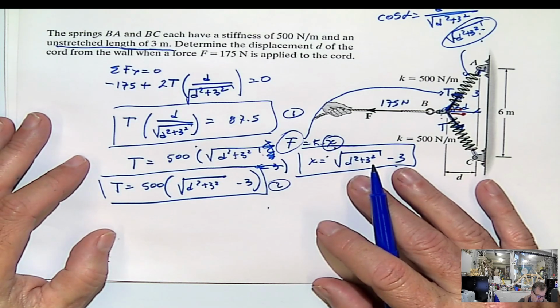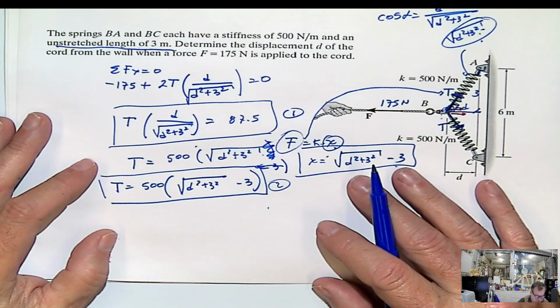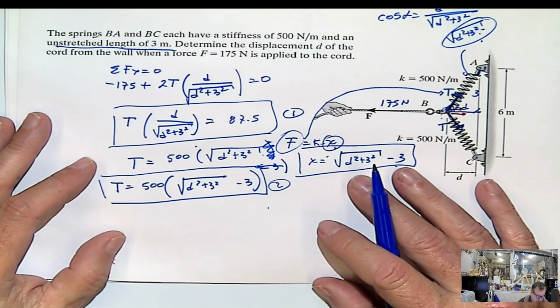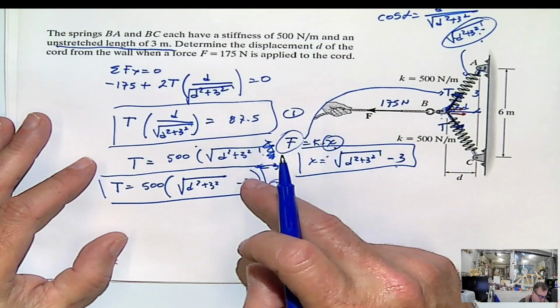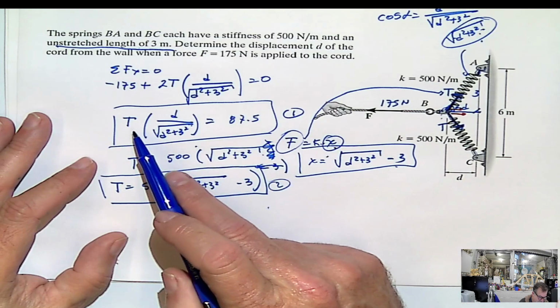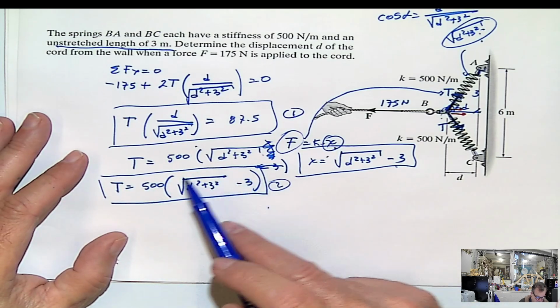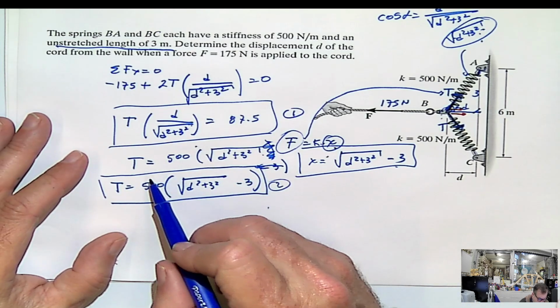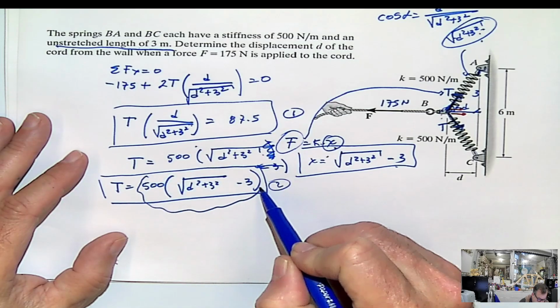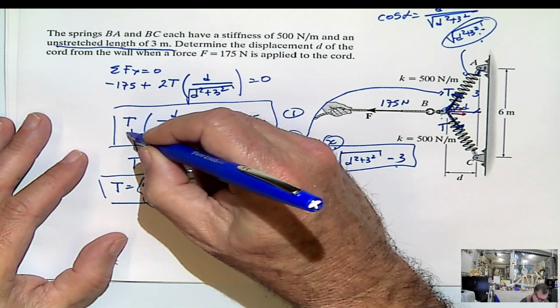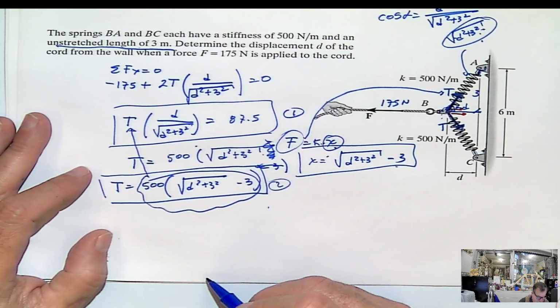I'm not going to say super easy, but fairly easy, I would say. So how do we do that? We're going to combine these two equations. Either I solve for T here and plug it into here, or I already have this solved. I'm going to get everything that is T and put it there and see what happens.